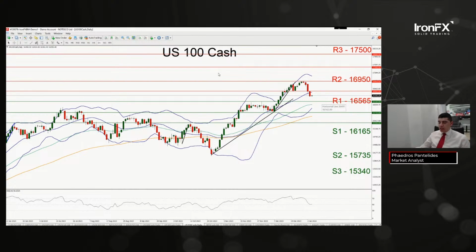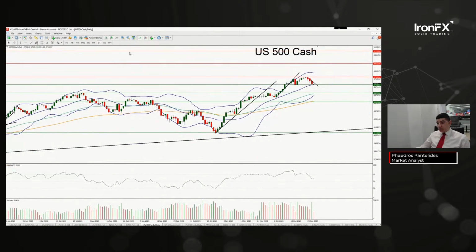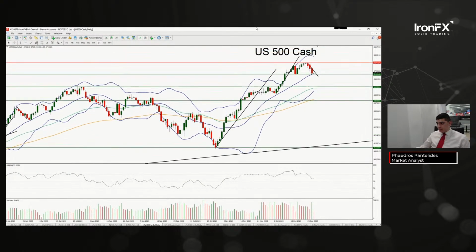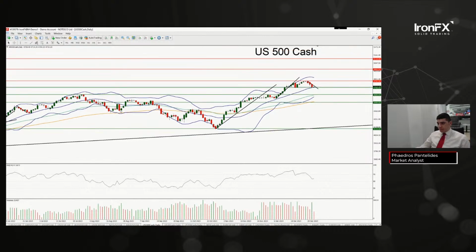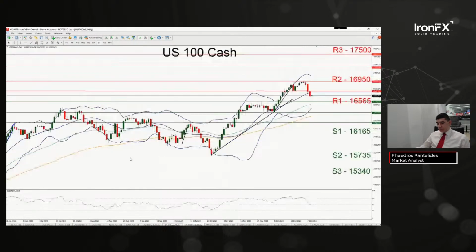If it does not, sideways between S1 and R1. But as you can see, it appears that Nasdaq is leading the bears, at least for now. So bearish, perhaps slightly neutral between S1 and R1, and bearish for the Nasdaq. So US 100 cash is the Nasdaq.